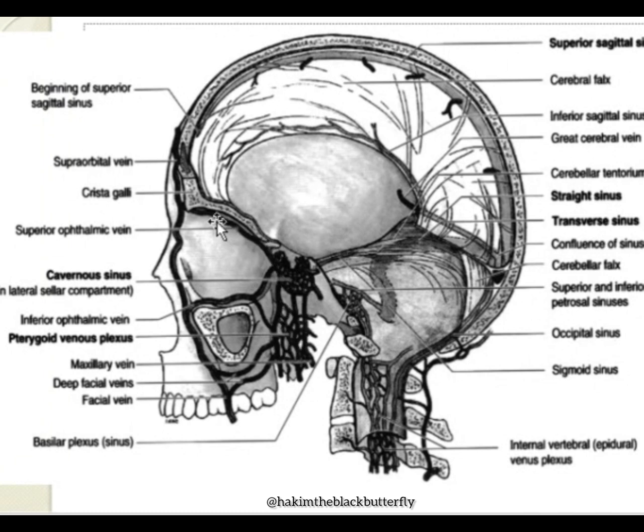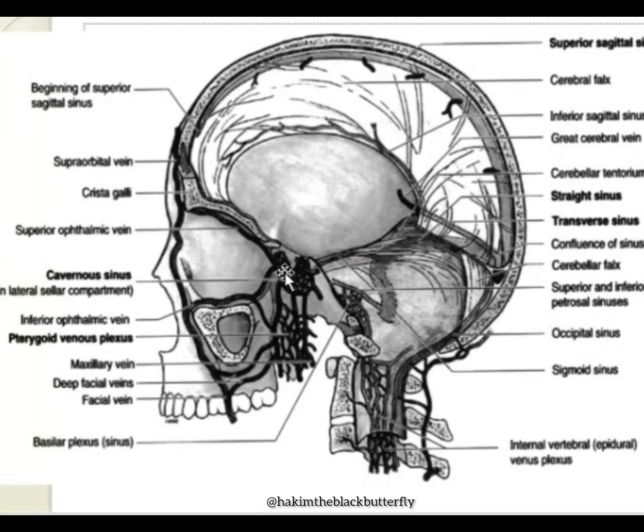And anteriorly, what does the cavernous sinus communicate with? The superior ophthalmic vein and the inferior ophthalmic vein.